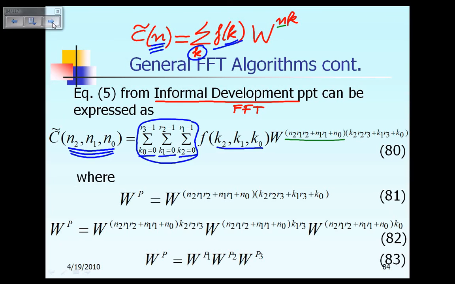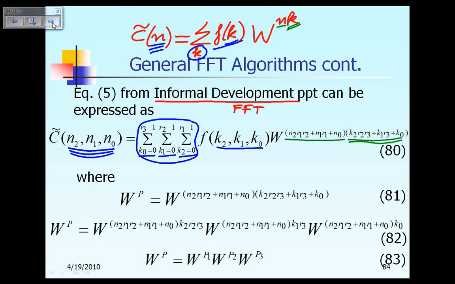And the small index k is shown as the second parenthesis in equation 80 in green color. So now this is what you got, equation 80.